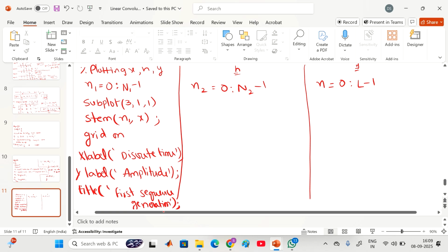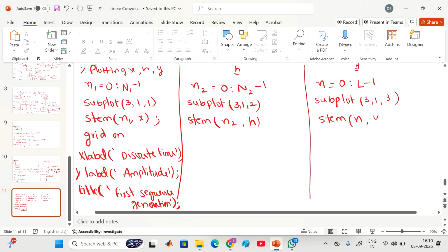First sequence, if you want you can write generation. First sequence generation. Then similarly for plotting of h, subplot 3, 1, 2. Next, stem of x axis is n2, y axis is h. So here also, parallelly I am writing subplot 3, 1, 3. So stem of x axis is n, y axis is y, output.